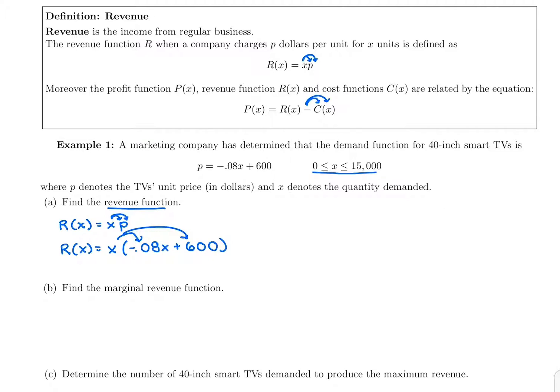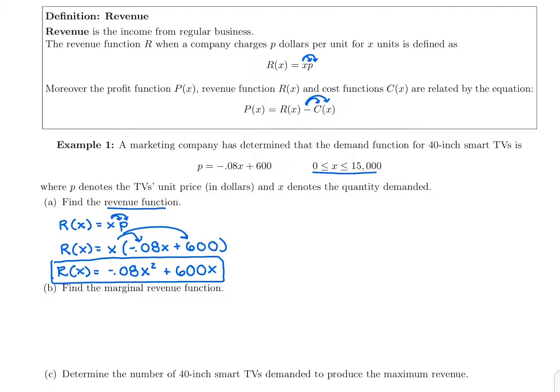So I'm going to distribute here, and our revenue function for this TV company is going to be negative 0.08x times X, which makes it X squared, and then plus 600 times X. So there's our revenue function, a formula to know.